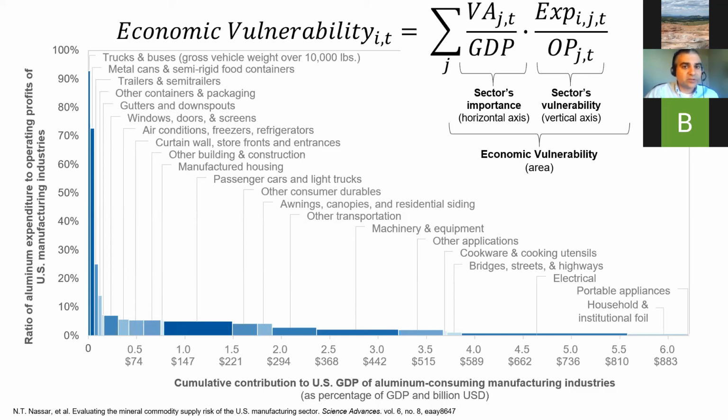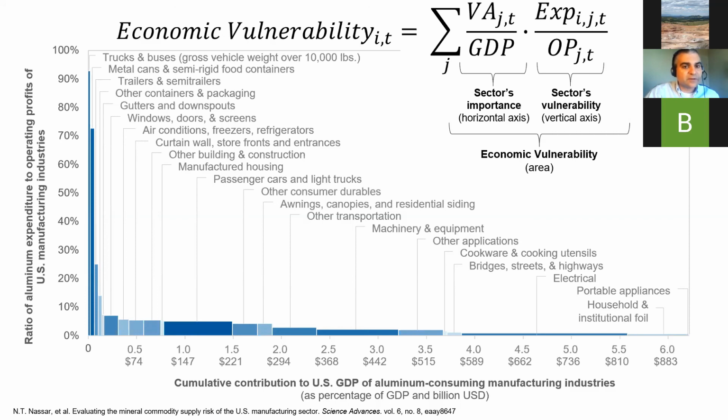So metal cans and semi-rigid food containers, they really are dependent on price fluctuations for aluminum, so they have a relatively tall bar. It's a relatively skinny bar because their contribution to the US economy is relatively small. But the overall area of the metal cans box versus the passenger cars box is actually about the same.